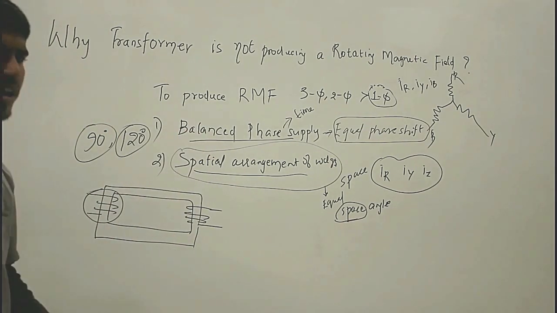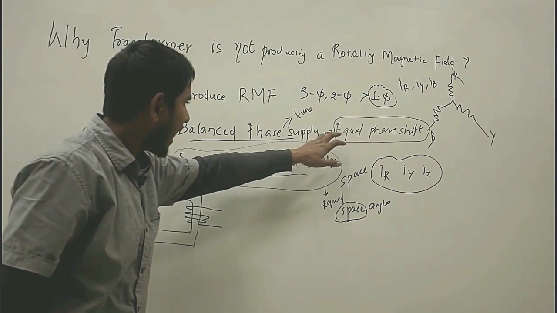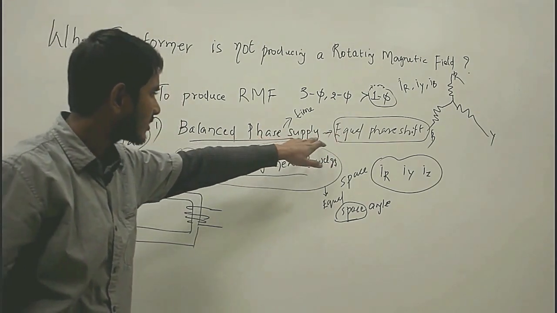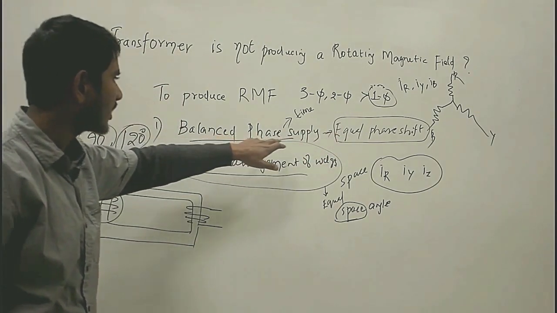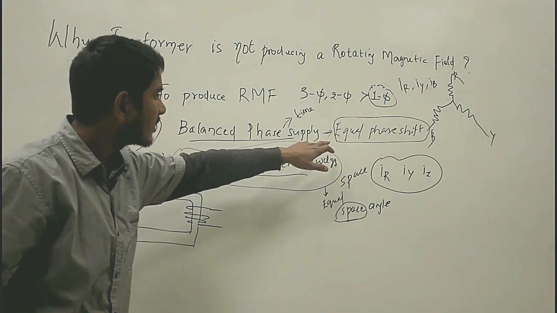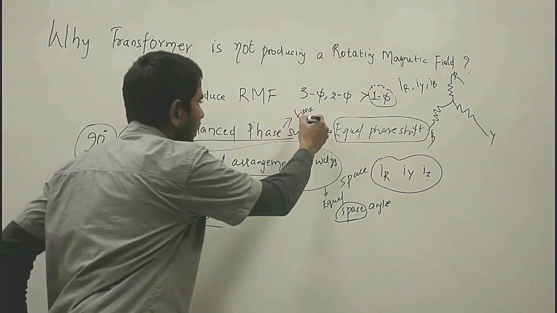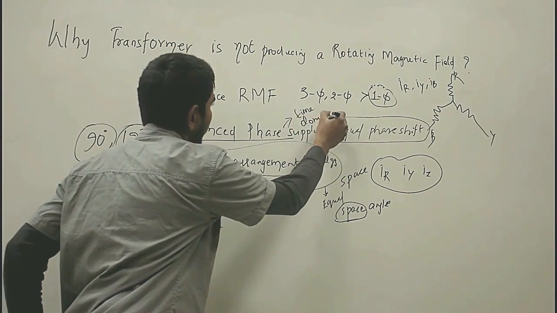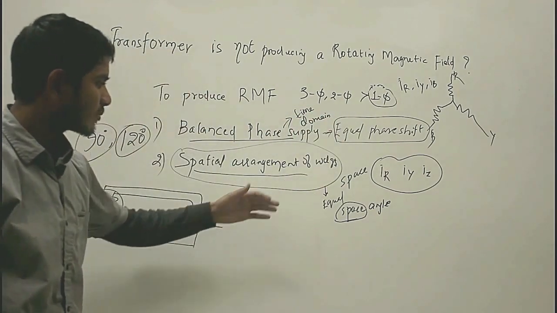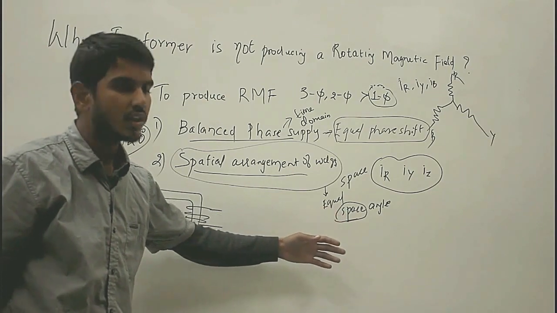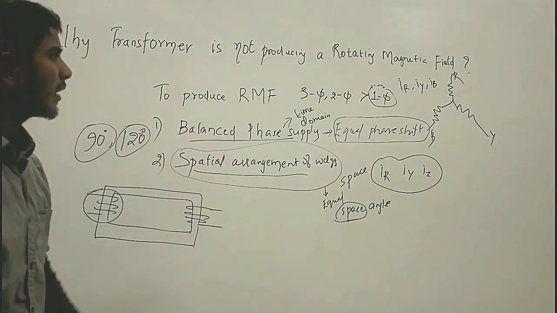Now though you are going to supply the balanced current which are displaced equally in time domain, but if the windings are not displaced equally in space domain, then you may not have a rotating magnetic field.